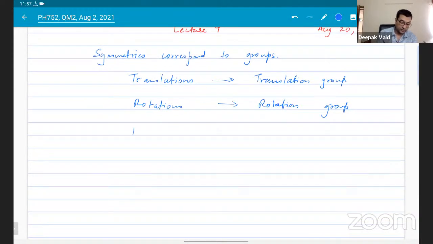Then for boosts, right? What is a boost? Now you remember that when you have a Lorentz transformation, a boost is a change in the velocity of an object.